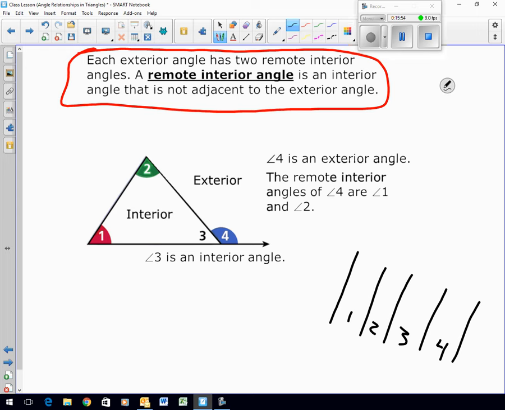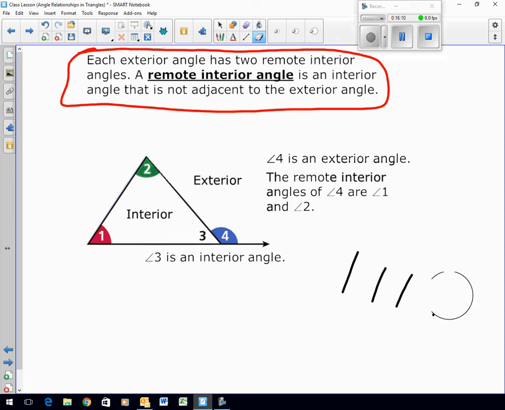How about number 3? 4 and 2. Is 1 adjacent to 3? Is 1 adjacent to 4? See adjacent? Adjacent means right next to.